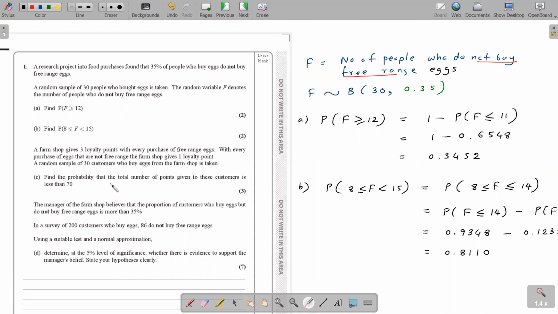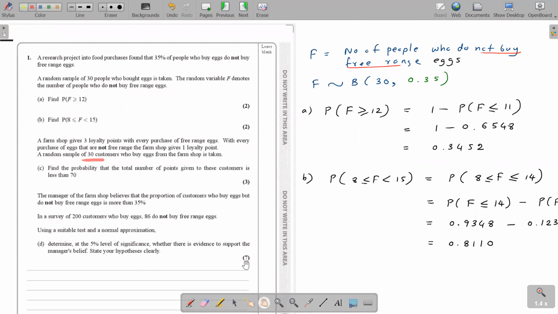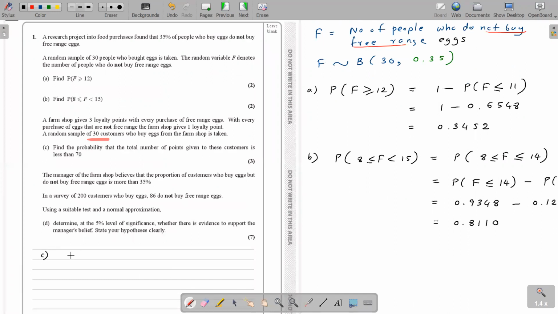We know there's a random sample of how many customers? 30 customers. Out of 30 customers, capital F do not buy free range eggs, then how many of the customers will actually buy free range eggs?